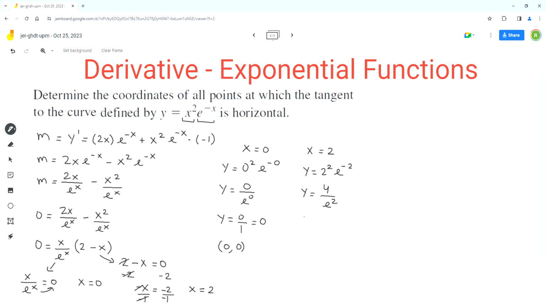So the second point where the tangent is horizontal is 2 and 4 over e squared. So these are the 2 points on this curve where the tangent is horizontal. So this should be the final answer for this problem.